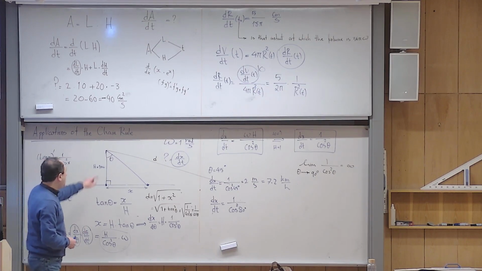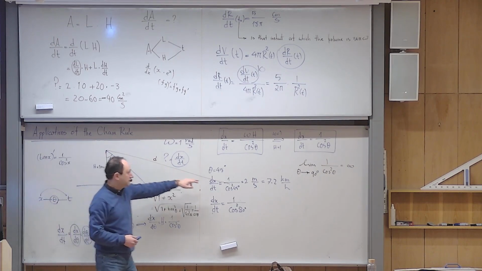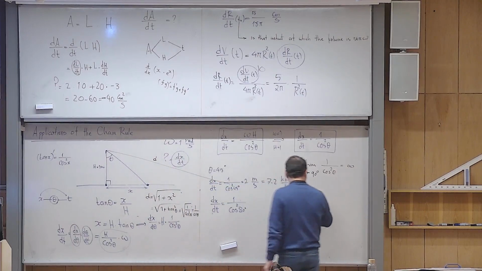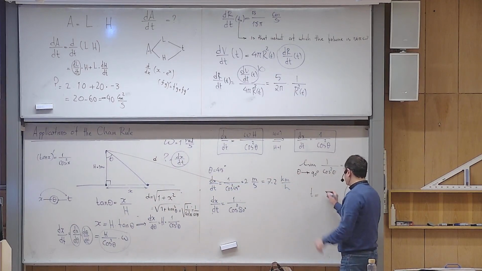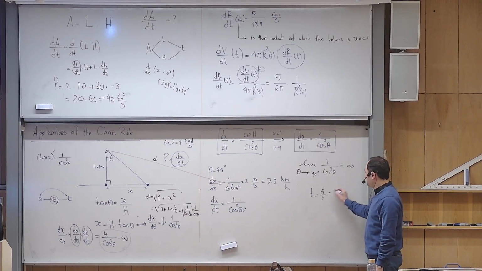So how much time do I need for the photon to travel that distance? Time is the distance divided by the speed of the photon, which is the speed of light, usually denoted by c in physics courses. So this becomes 1 over c cosine theta.